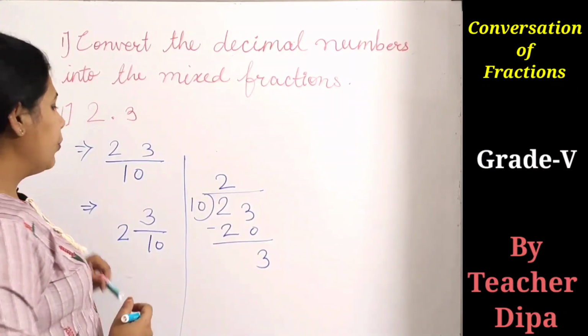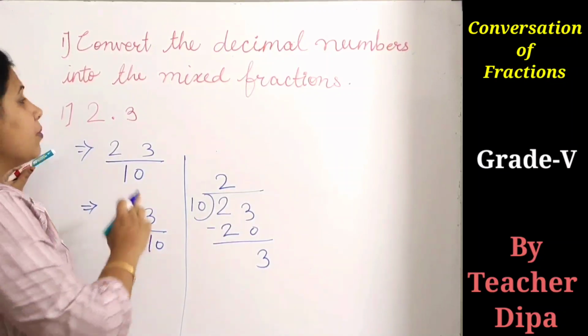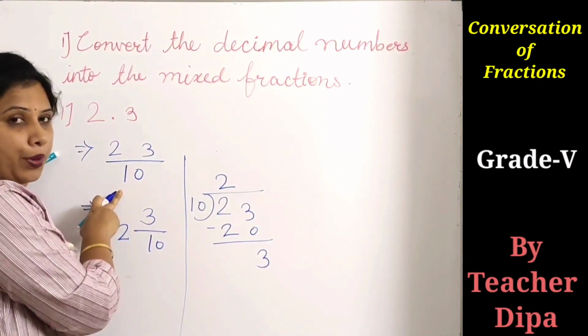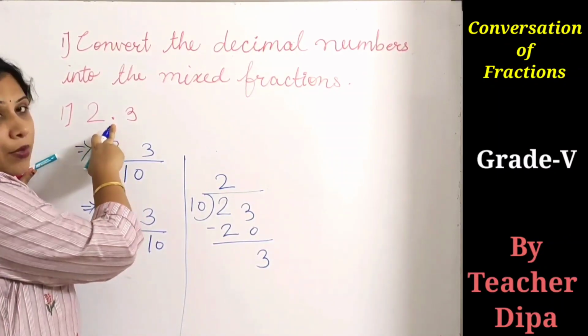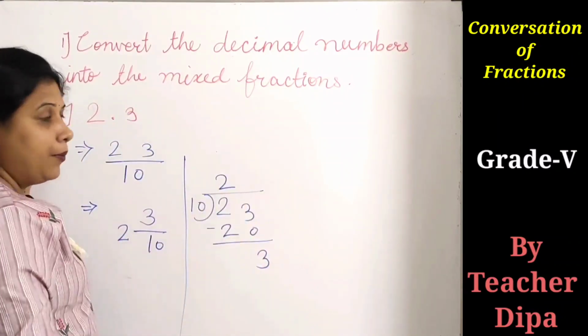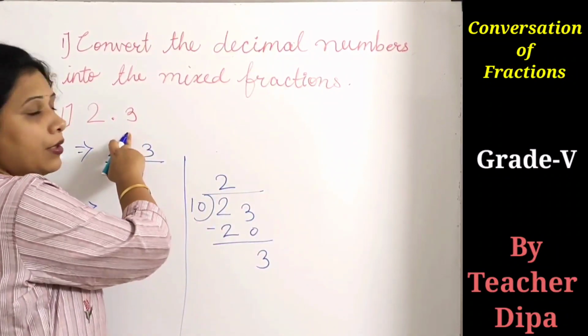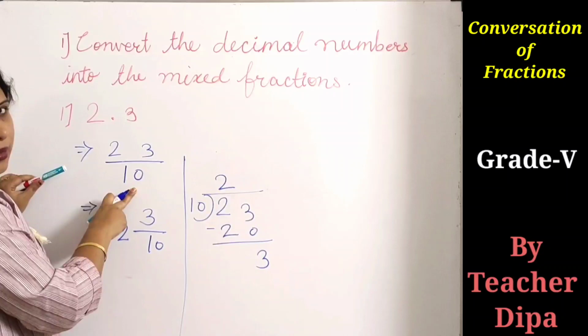I will repeat for you all. We have to convert 2.3, the decimal number, into the improper fraction first. For that, if we need to remove the decimal point, we have to take the denominator in tens multiple. Here, as we are having only one place after the decimal point, that's why I am taking 10 here.